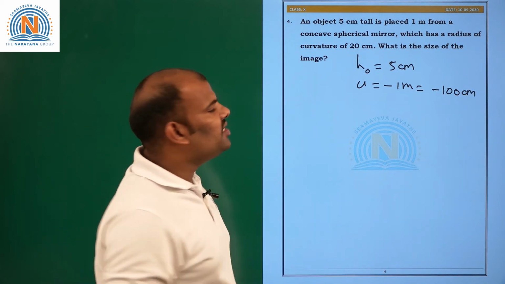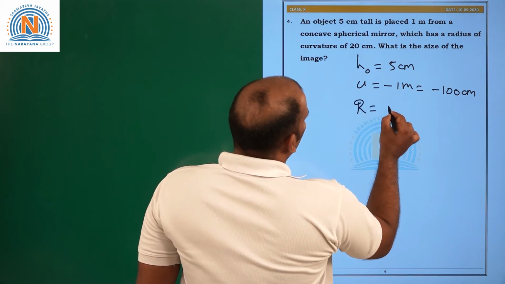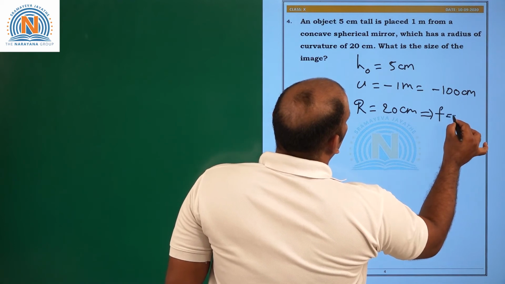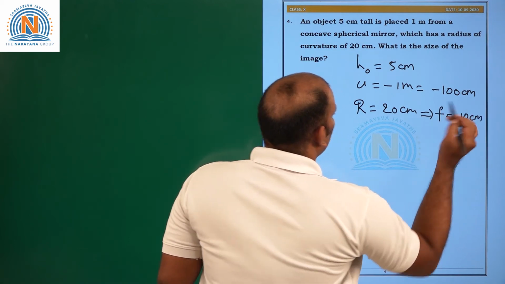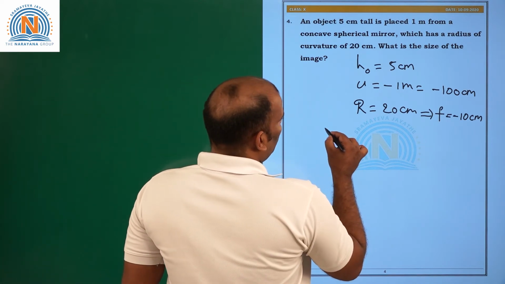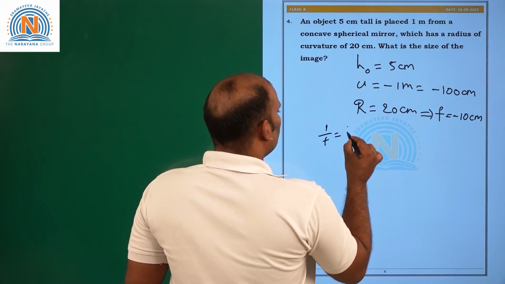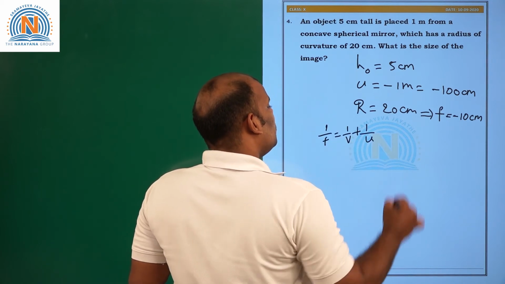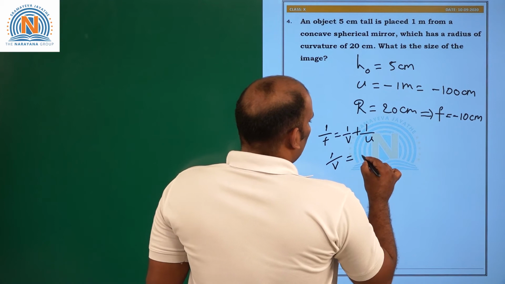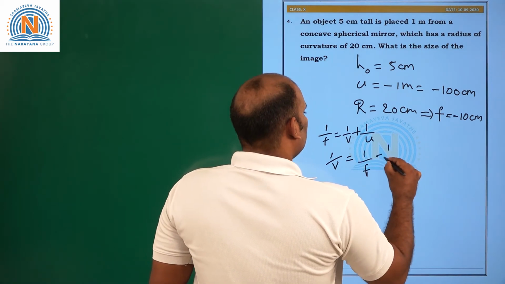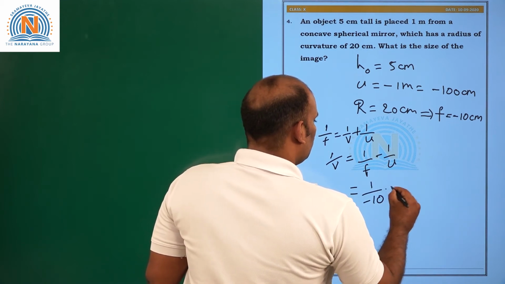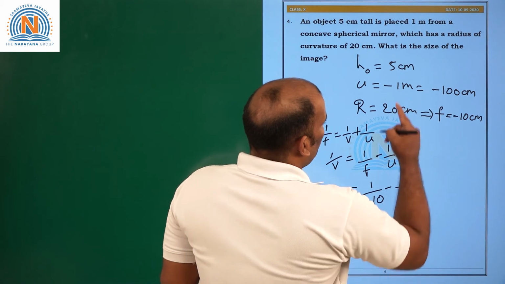Now radius of curvature is given. That is R is equal to 20 centimeter. From this we can find F, that is equal to minus 10 centimeter. Here minus is as per sign convention. From the mirror formula, 1 by F is equal to 1 by V plus 1 by U. 1 by V is equal to 1 by F minus 1 by U. As you know, focal length is 1 by minus 10 minus of 1 by minus 100.